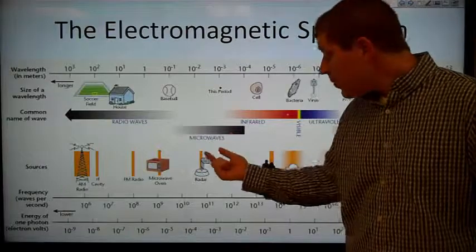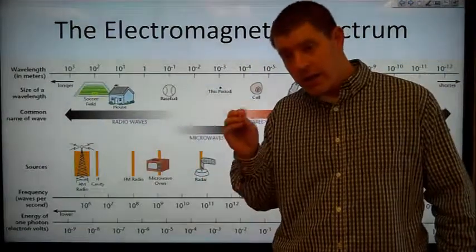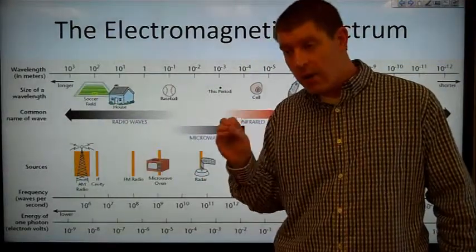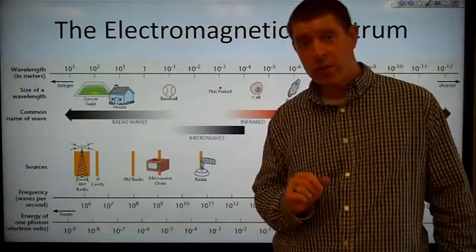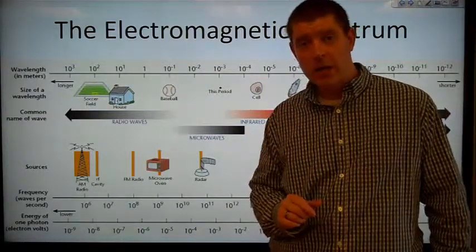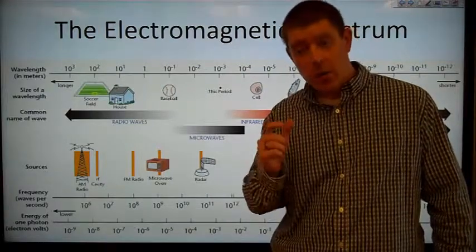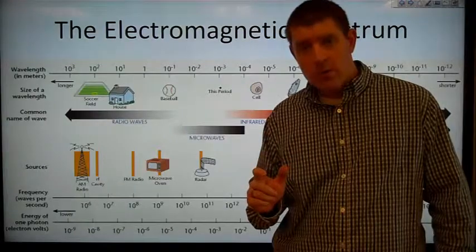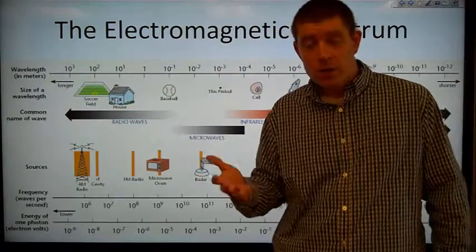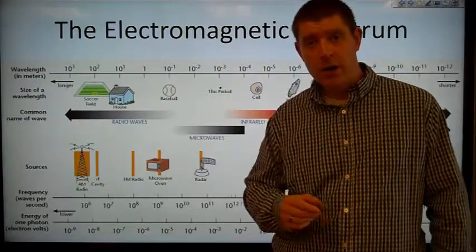And so, if we put out electromagnetic radiation at that specific frequency that water will absorb, we'll heat up those water molecules. And as we heat up those water molecules, we're heating up our food, because a lot of our food has a very high water content.